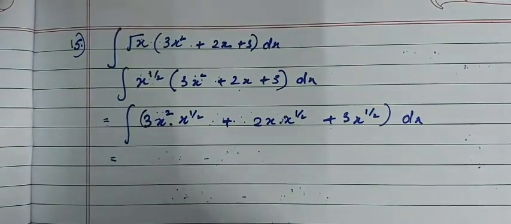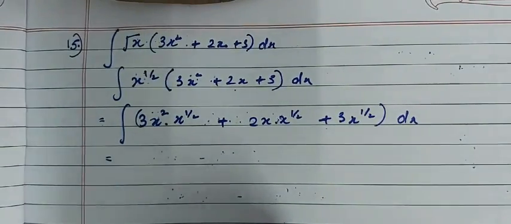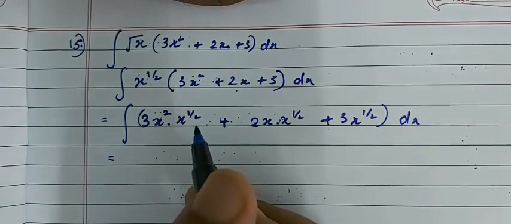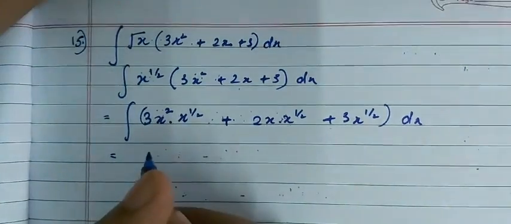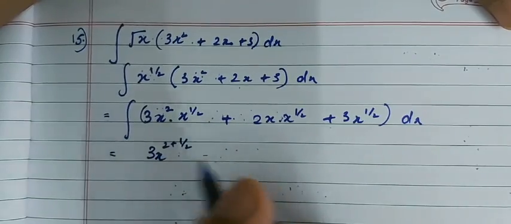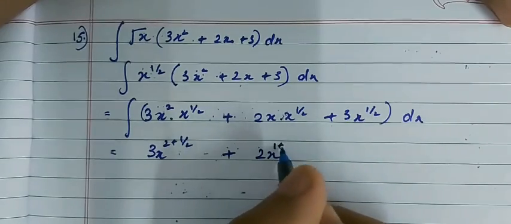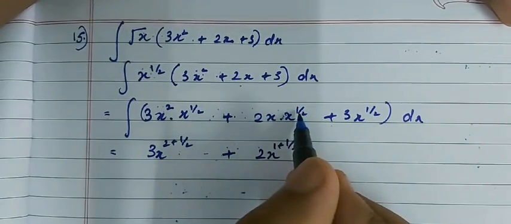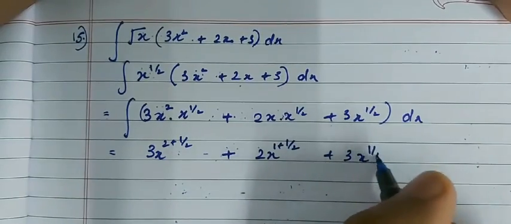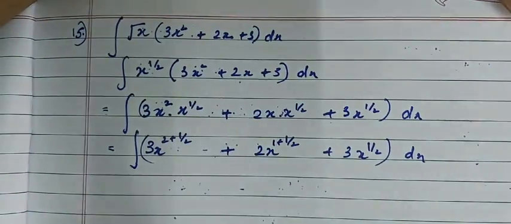We have learned x raised to m into x raised to n is equal to x raised to m plus n. So 2 plus half. So we write it as 3x raised to 2 plus 1/2. Here 2x raised to 1 plus 1/2, and plus 3x raised to 1/2, integral sign bracket dx.